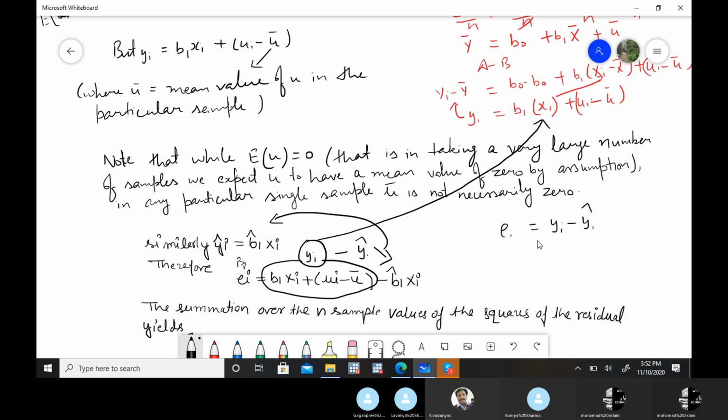Here we are doing it in deviation form. That's why the equation is different. Otherwise, as we did in the variance and unbiasedness derivations, that equation is different. But here it is deliberately needed in the deviation form.